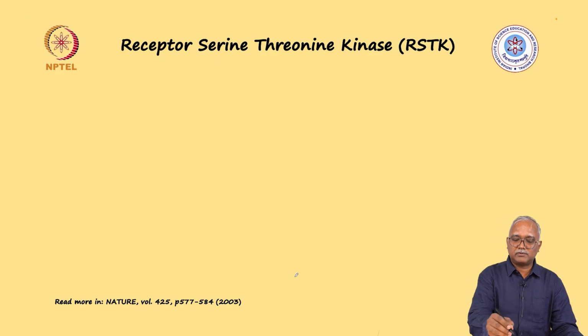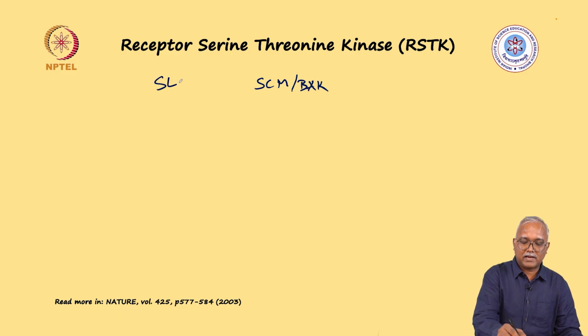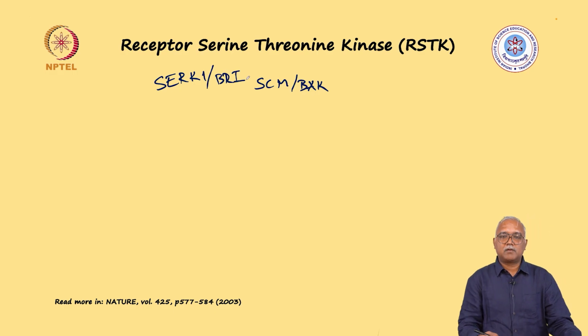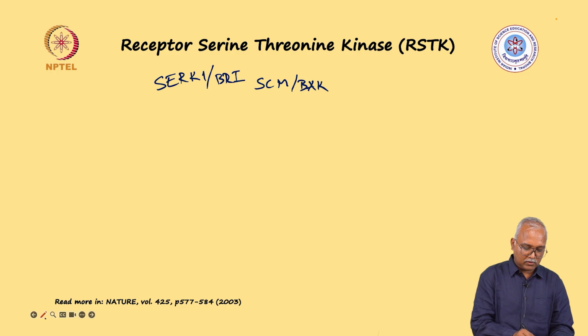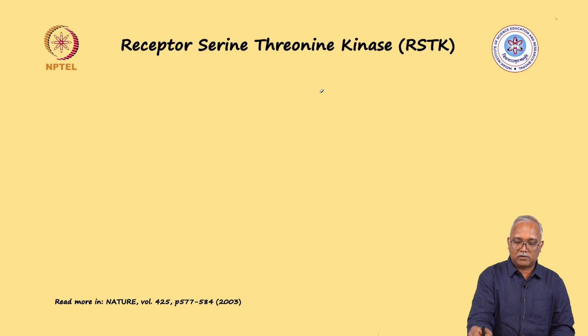In one of the last classes we saw that SCM was binding with BAK or SERK1 and BRI1, they were making the complex. So somehow in case of receptor serine-threonine kinase, heterodimeric structure formation is a preferred route. So does this happen in case of animal cells as well, or is there a different arrangement altogether?